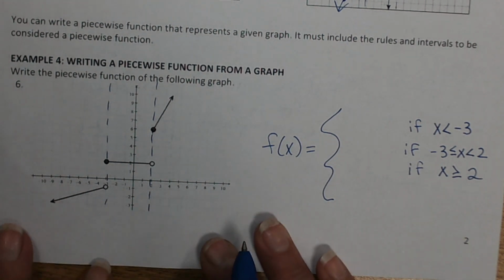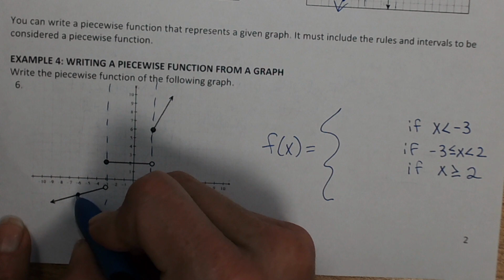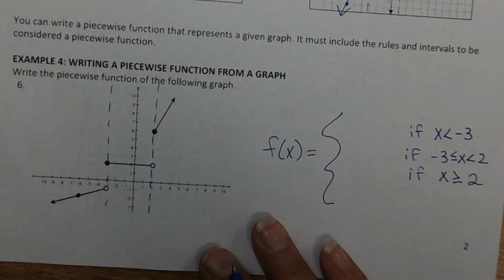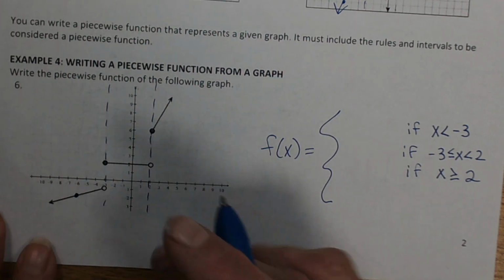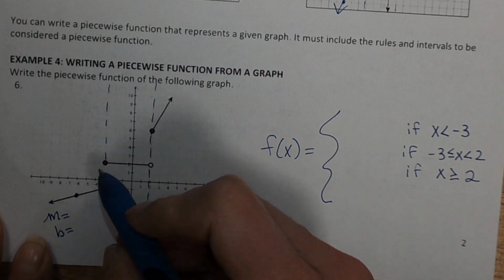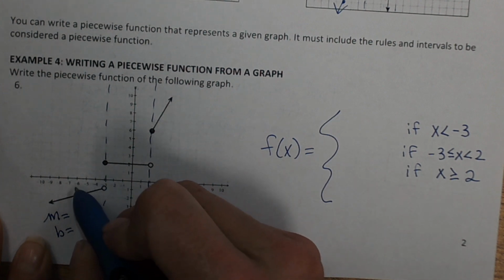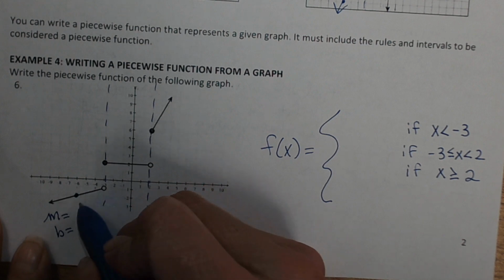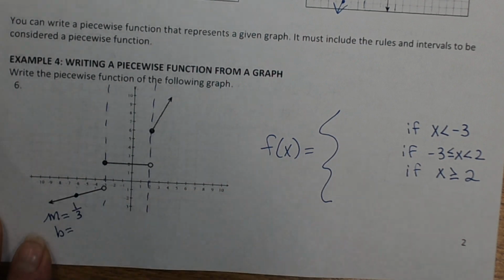So we have to find points. I can see that's a point and that's a point. So I'm going to write m is equal to and b is equal to. When we count that rise over run, we rise 1 and run 3. So our slope is 1/3.